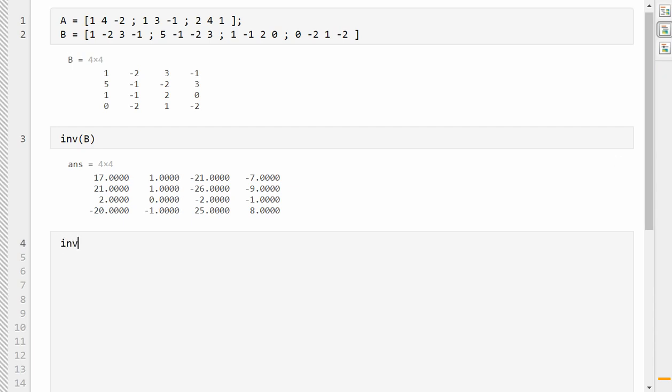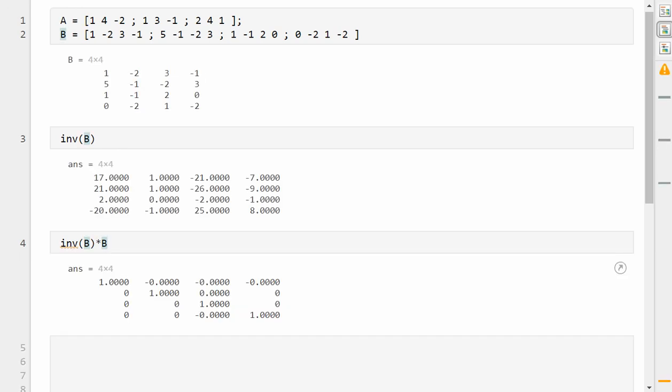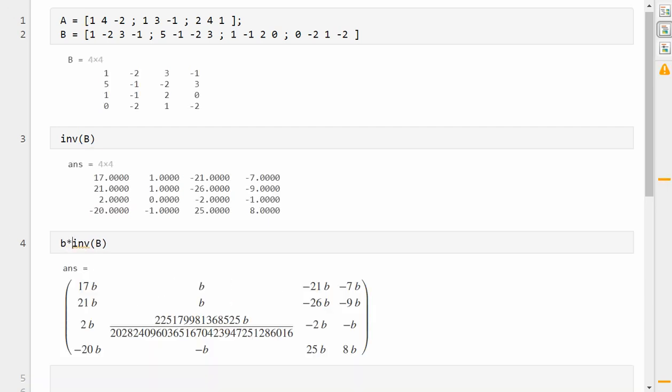And notice that if I multiply the inverse of B times B, I get the identity, although you can see there's some rounding error. And I can also do this in the reverse order, take B times the inverse of B, and that got pretty ugly.